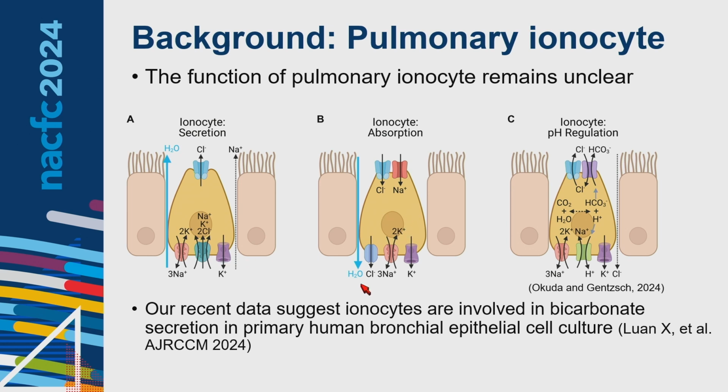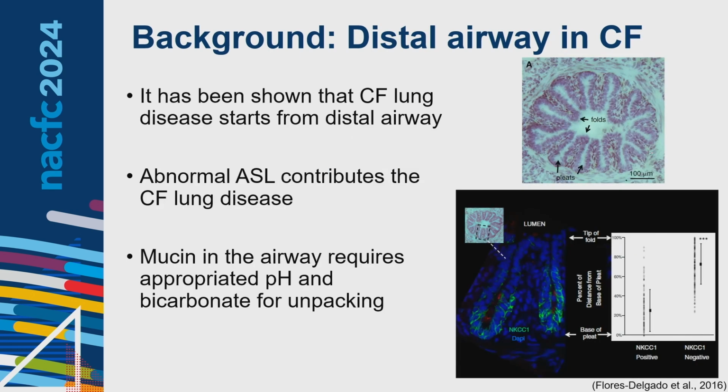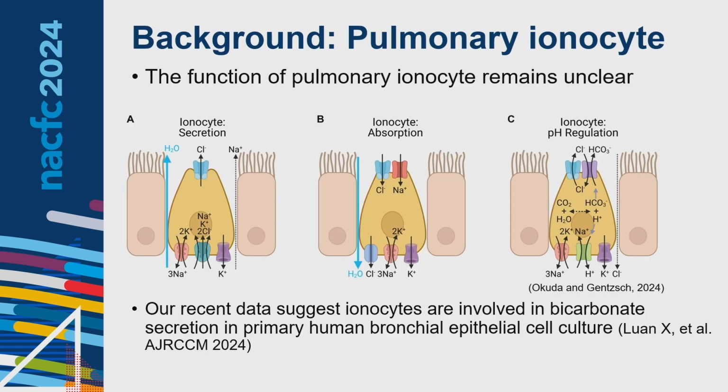And Ian's lab found that ionocytes contribute to the absorption of liquid in the airway. However, our recent data published in the Blue Journal suggest that ionocytes are involved in bicarbonate secretion. In that paper, we used human bronchial epithelial cell culture. So we are wondering what happens with the function of ionocytes in native tissue.